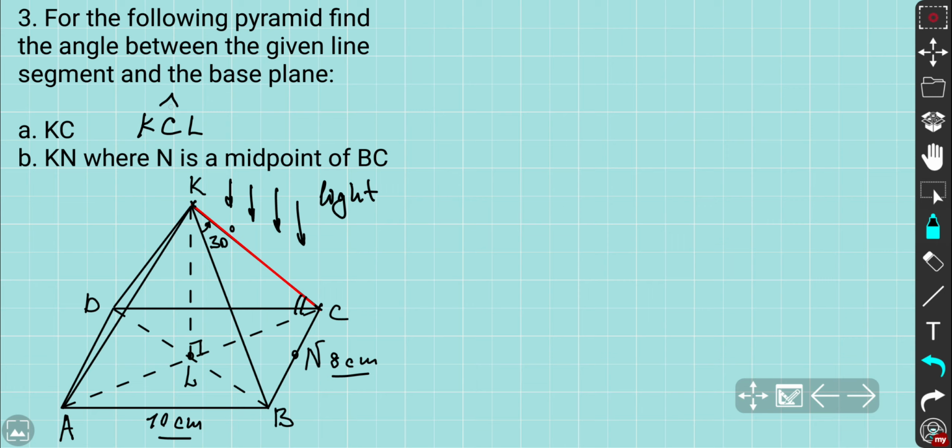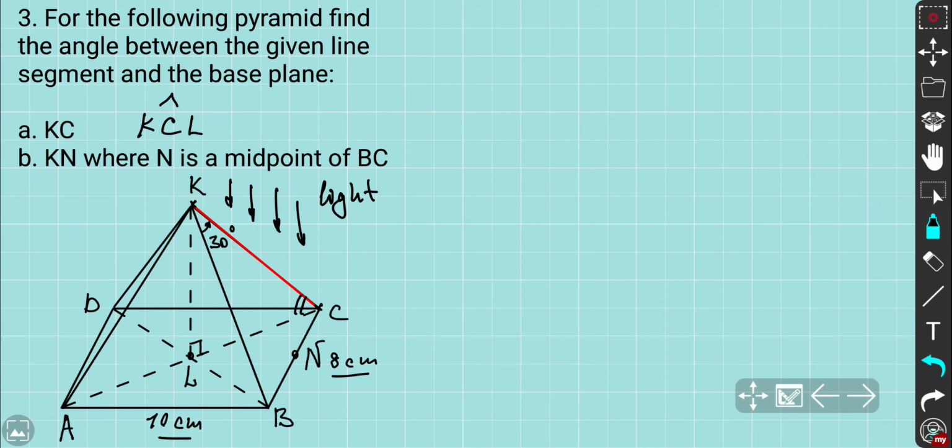You need to know KL, the height of the pyramid, or AC. To find the angle, you need to know either KL with LC, or KC with any other leg. So that's the tricky task. But what are you given? You're given angle BKC, which is 30 degrees.